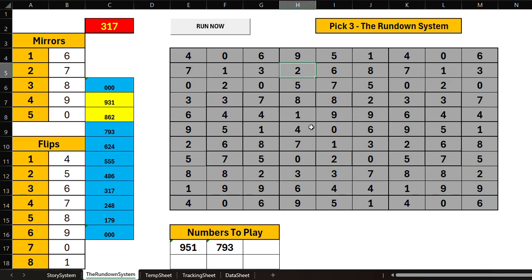Okay, so let's start again. 931. It's still gonna work out again, just watch. So where is 931? The only one I see is 931 is this way, going backwards. 931 and 862.